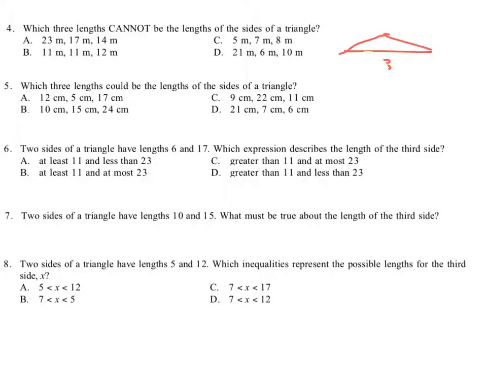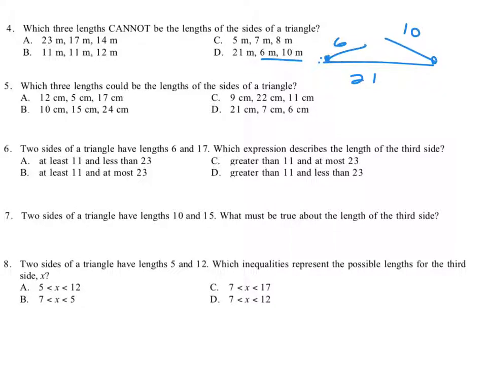So C is fine as well. And D, we have 6 and 10 here for the two shorter sides. Well, if this was 21, 6 and 10 wouldn't actually reach each other if they were stuck on that vertex there and stuck on there, and they're reaching towards each other.